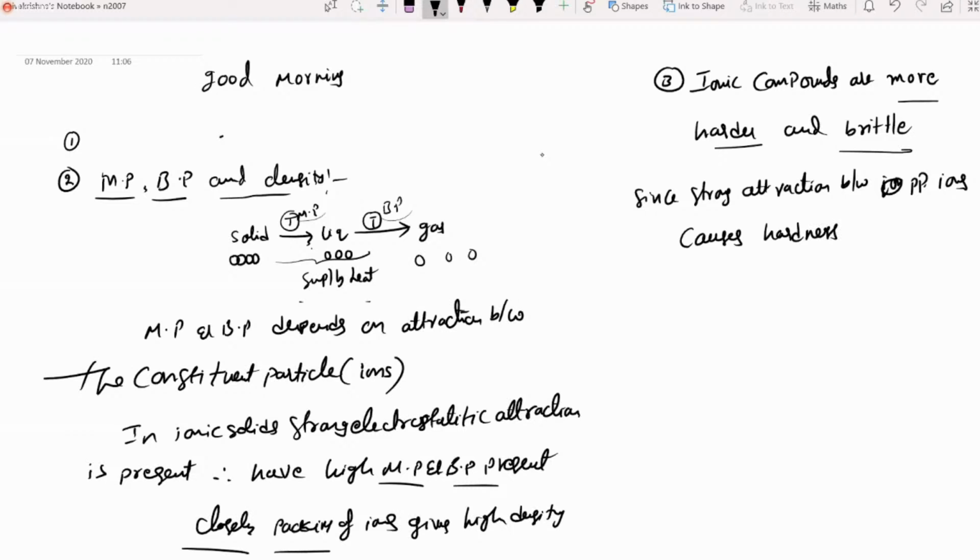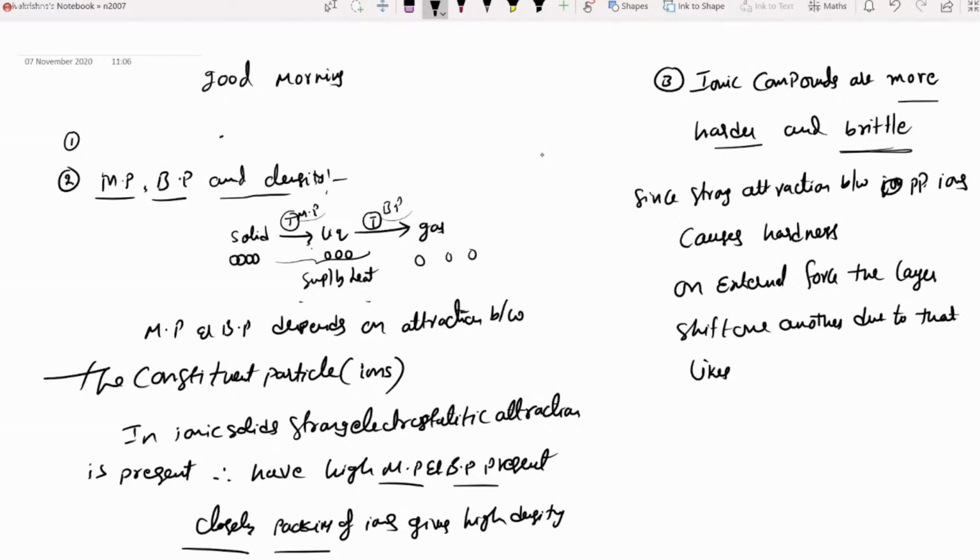Okay, why are they brittle? Brittle means when you apply force, they break easily. Why do they become brittle? On external force, the layers shift over one another. Due to that, like ions, meaning positive and positive, negative and negative, come closer.